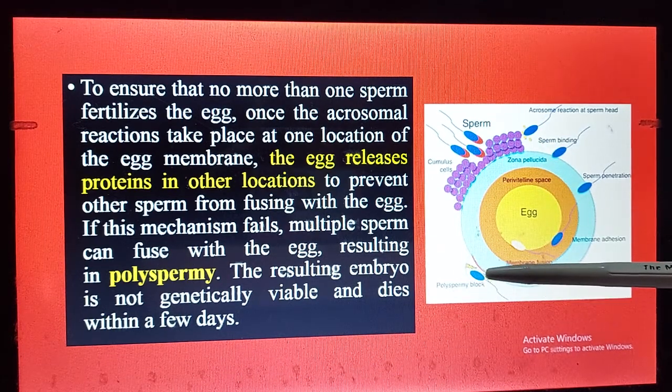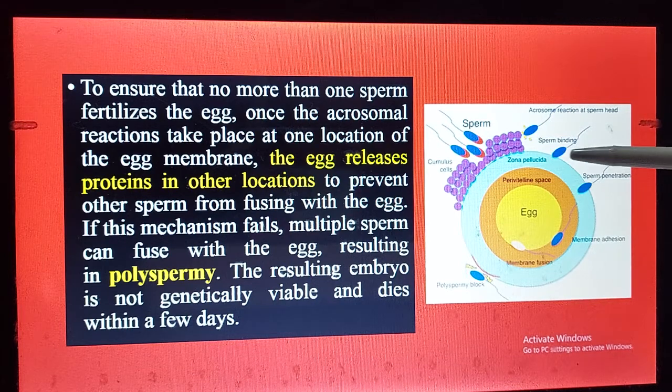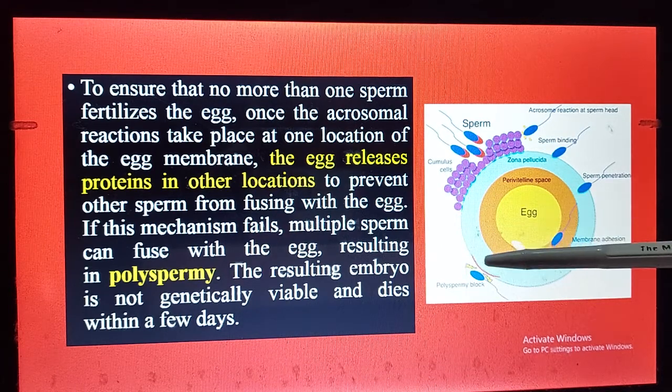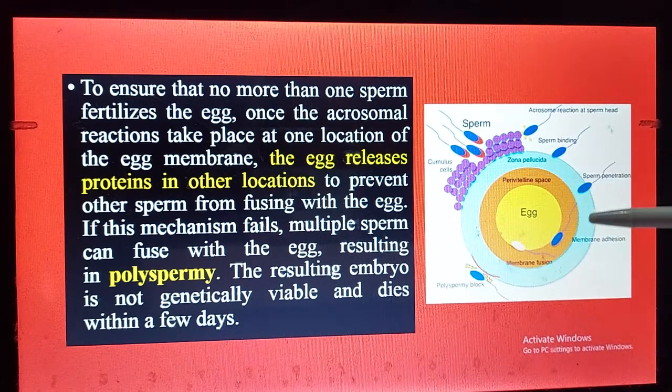As you can see here, the egg releases the protein, and these proteins then move towards the surface and block the entry of other sperm. So when the egg is fused with more than one sperm, this is known as polyspermy, and the resulting embryo is not genetically viable and dies within a few days.